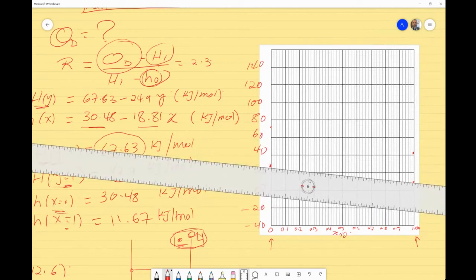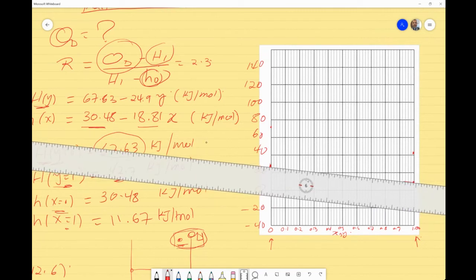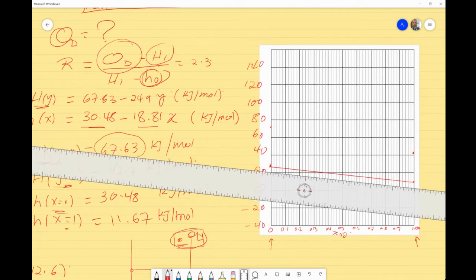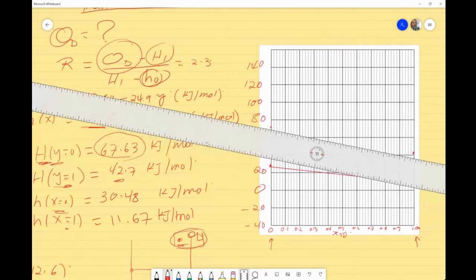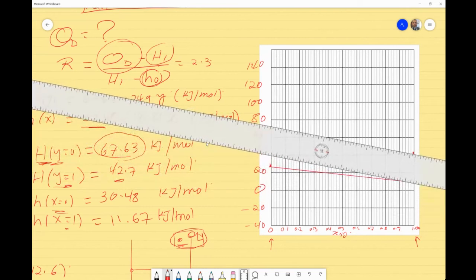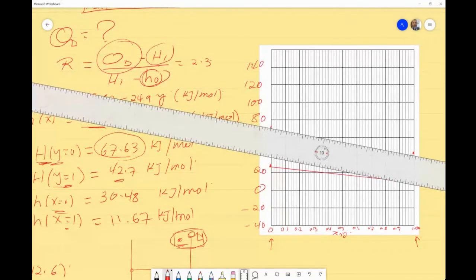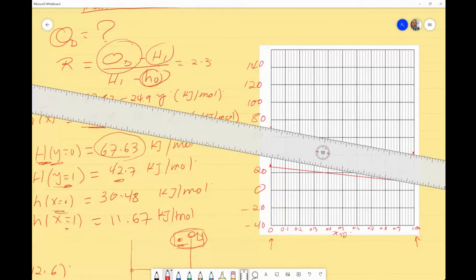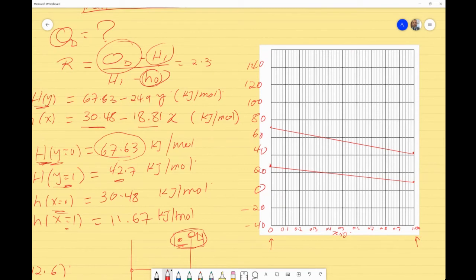Let's see. Connect the other lines here. Doctor, is it enough to take for the enthalpy equation just y equal to 0 and y equal to 1? Very good question. Why do I just use 2 points?